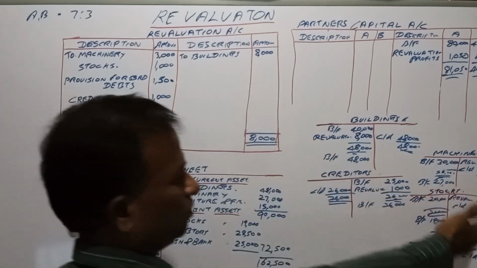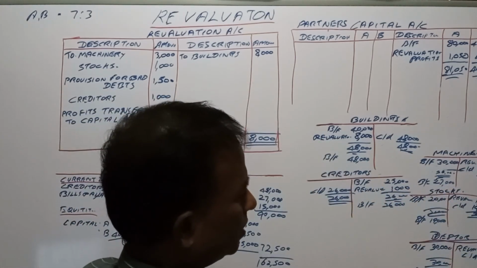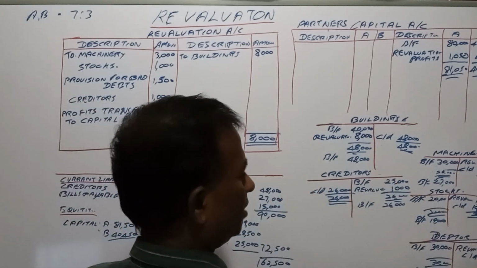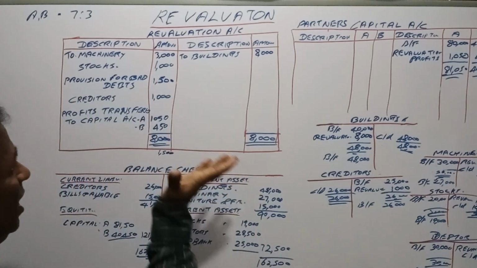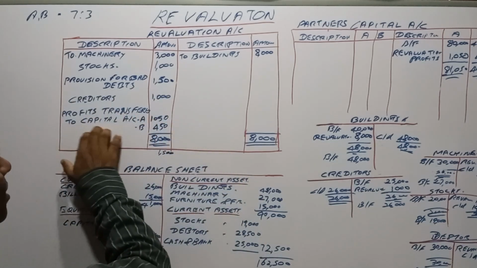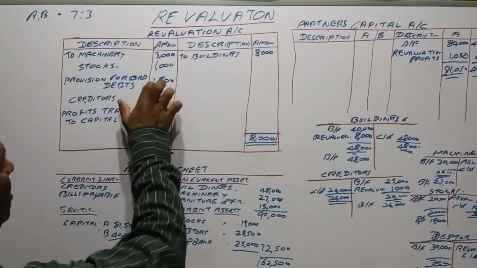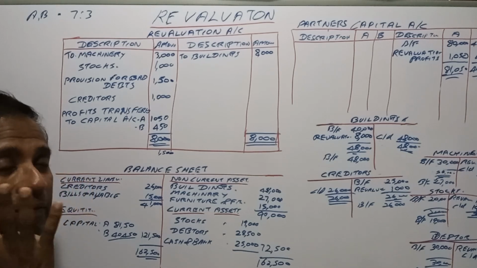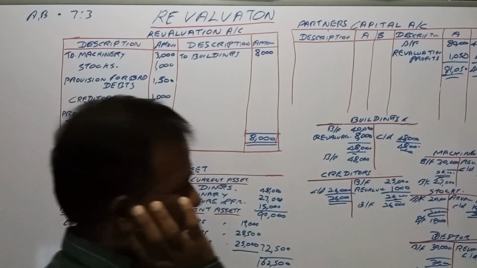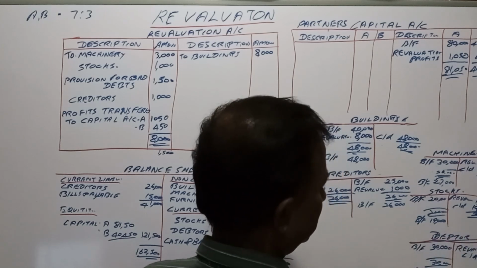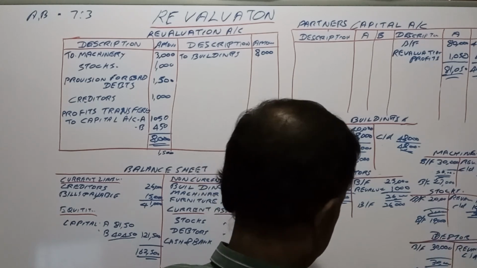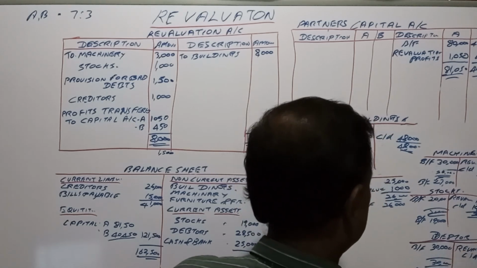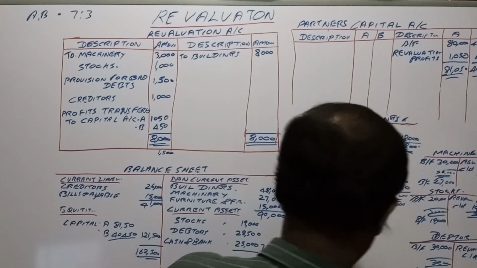For the debtors also, you are making a provision for bad debts of 1,500. Then the debtors account you are crediting by 1,500, but you debit the revaluation account by 1,500, saying provision for bad debts. Rather than putting debtors here, you can say provision for bad debts.